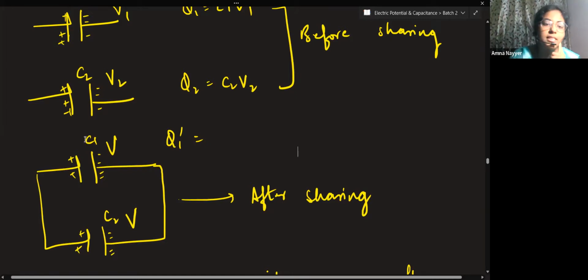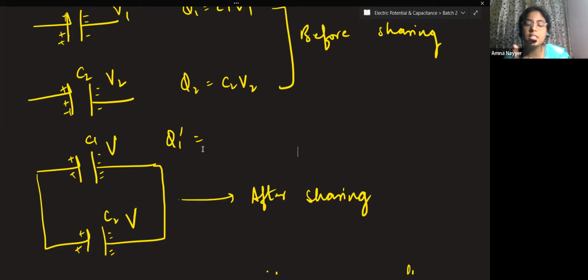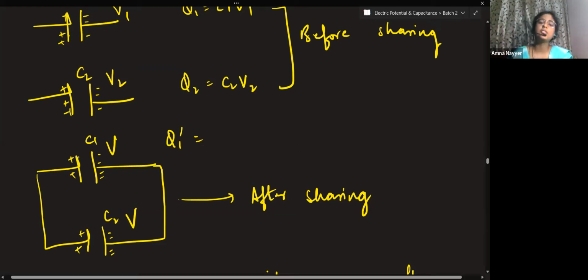So if capacitance is C1 and potential is V, the charge is C1V. Capacitance is charge by potential, so charge is capacitance multiplied by potential. So Q1 prime will be C1V.